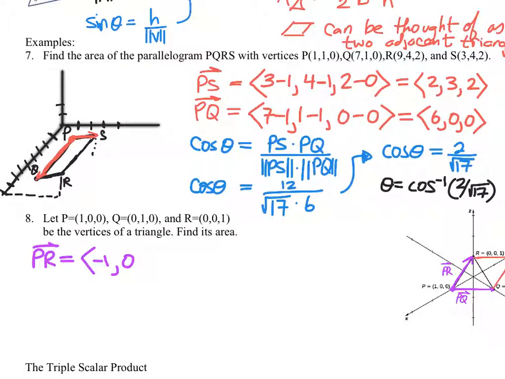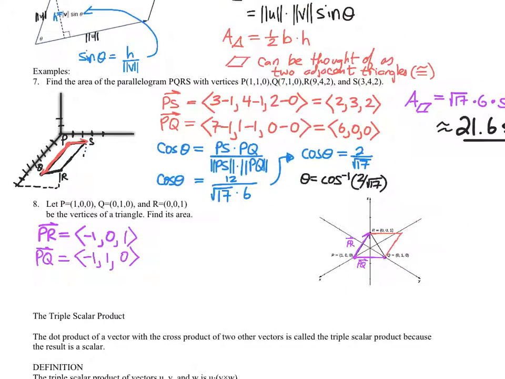And PQ is going to be -1, 1, 0. All right, so I'm just going to go through the process again of finding the dot product between the 2.